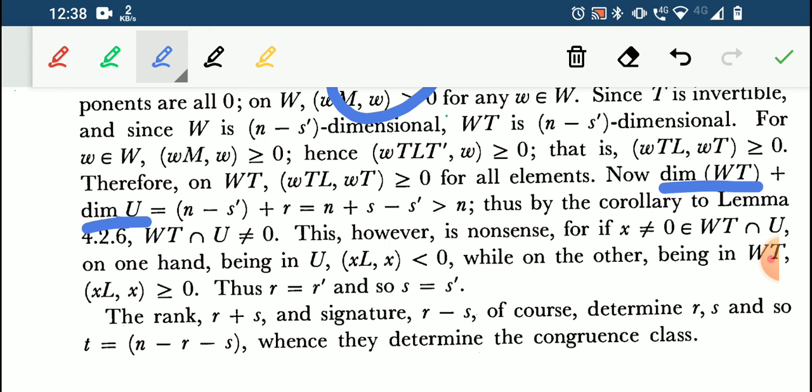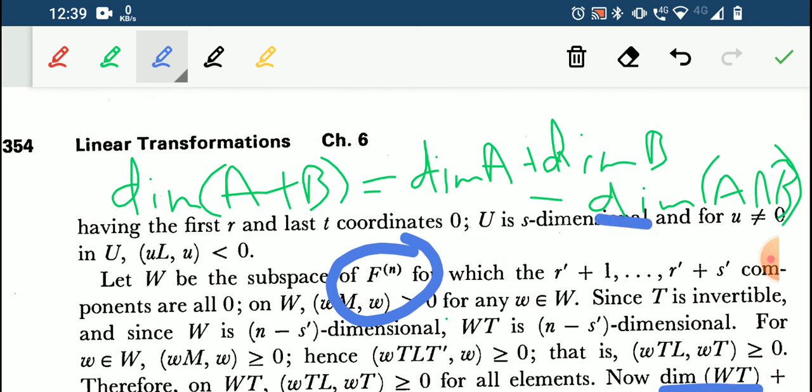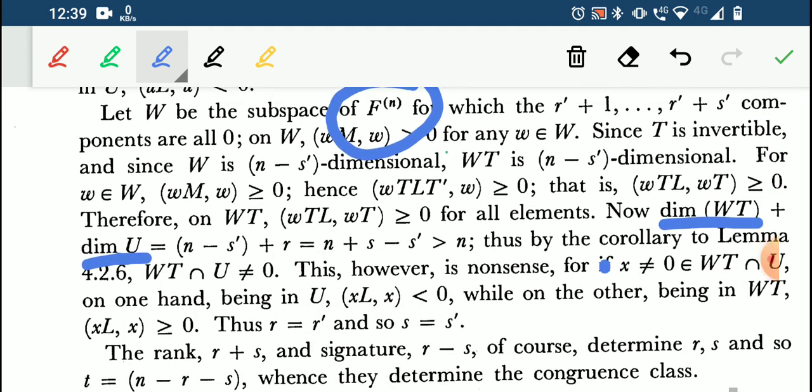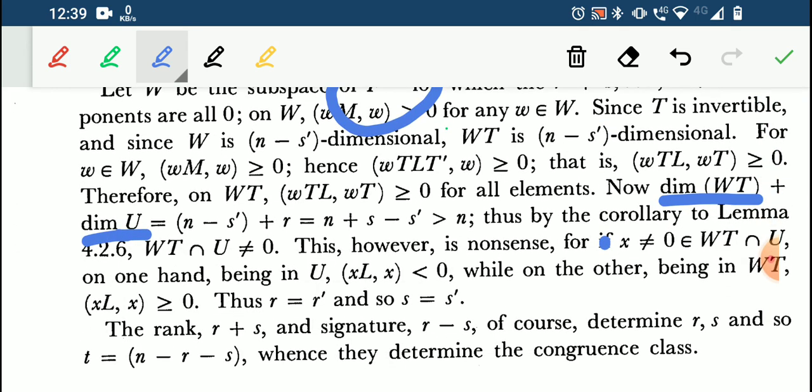If it is going beyond that, then to correct it there should be a minus dimension of A intersection B. So the dimension of A intersection B cannot be empty. Here A is Wt and B is U, so Wt intersection U cannot be equal to the 0 set.